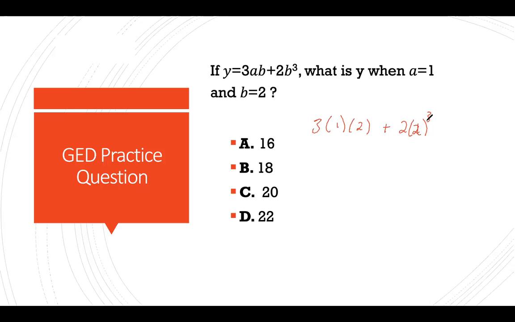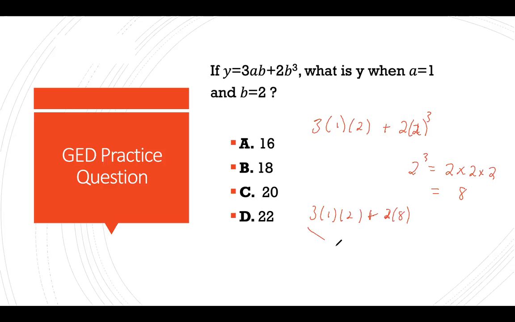So I need to do 2 cubed. What's 2 cubed? It's 2 times 2 times 2, which is 8. Okay. So I have 3 times 1 times 2 plus 2 times 8.